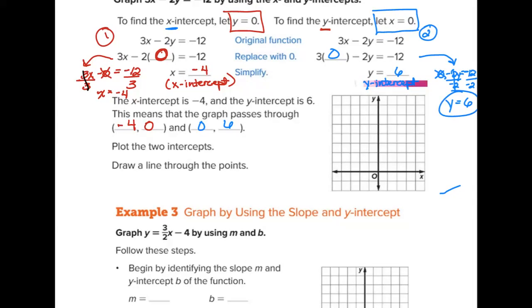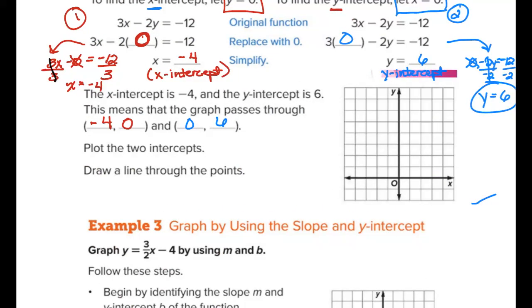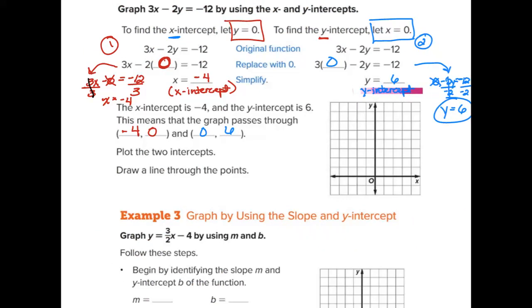So we plot those 2 points. Okay? For the x-intercept, -4. 1, 2, 3, 4. For the y-intercept, 6. 0, 6. 1, 2, 3, 4, 5, 6. And we draw a line through those points.